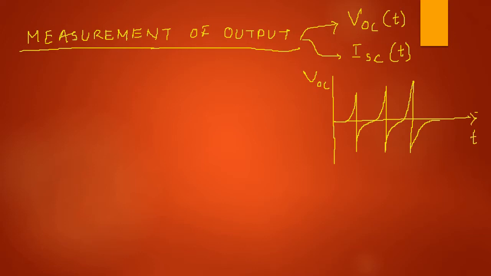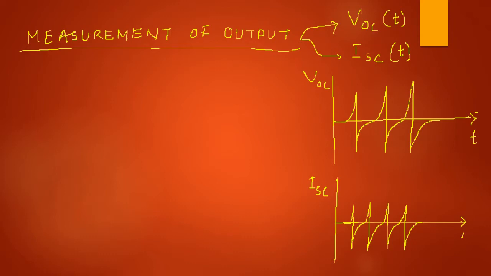A similar kind of graph you will see if you are plotting the short circuit current. So both need to be plotted against time, and on this axis also you have time.